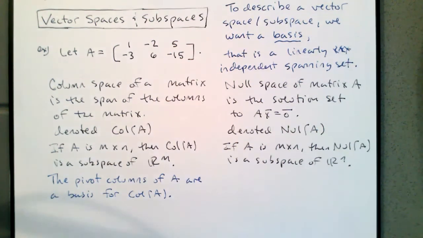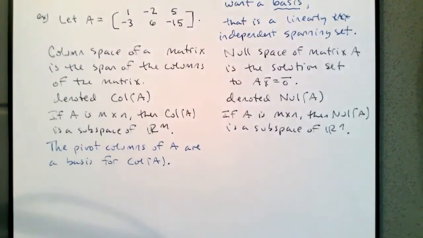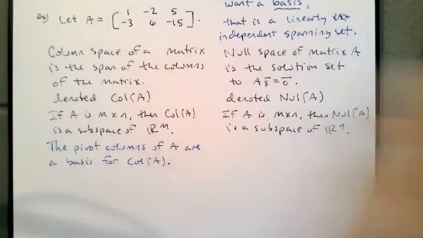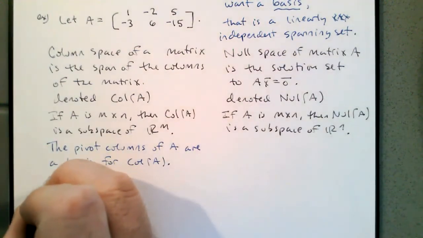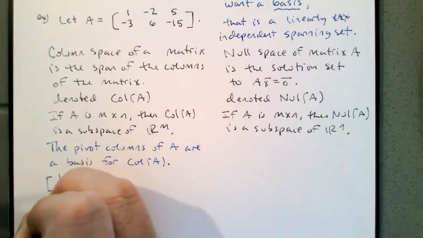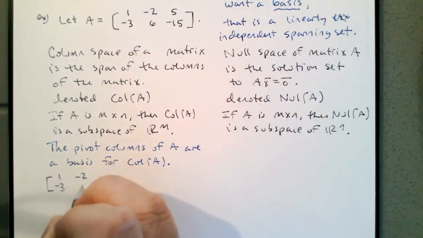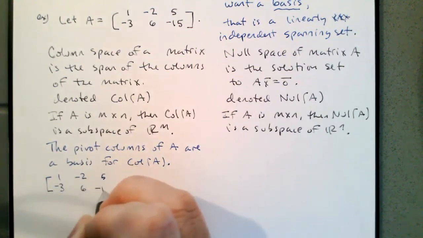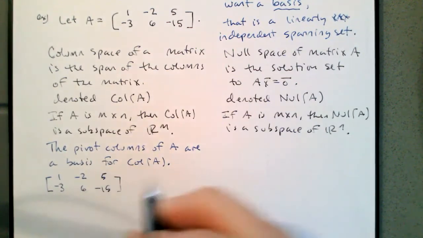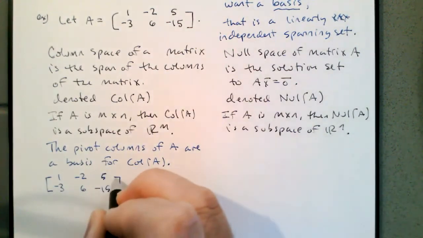So to find a basis for the column space of a matrix, all we have to do is find the pivot columns. So in this case, we have the matrix 1, -3, -2, 6, and 5, -15. I picked this matrix because it was really easy to reduce.